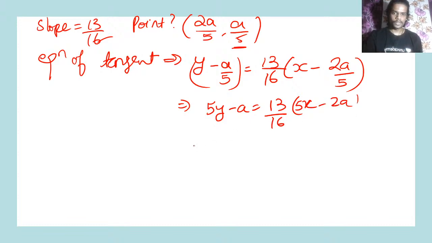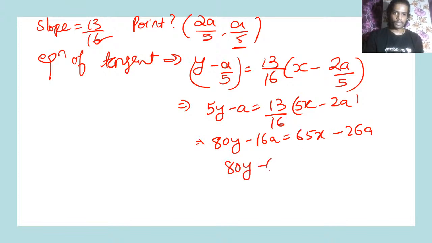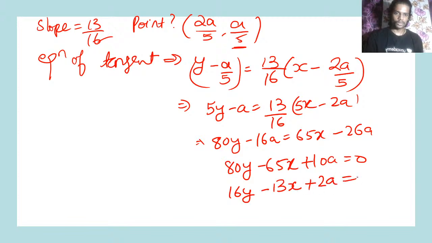If you solve this further, you will get 16 5s are 80y minus 16a equal to 13 5s are 65x minus 26a. If you solve this, you will get 80y minus 65x equal to 10a. Divide by 5, you will get 16y minus 13x plus 2a equals 0. This is the equation of tangent.